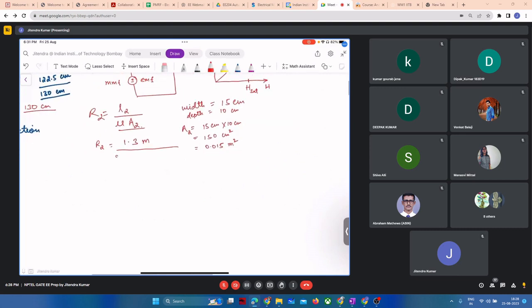So this is the value of mu: mu r into mu naught into A2. A2 we have computed as 0.015 meter square. So please compute it and let me know the value of R2.